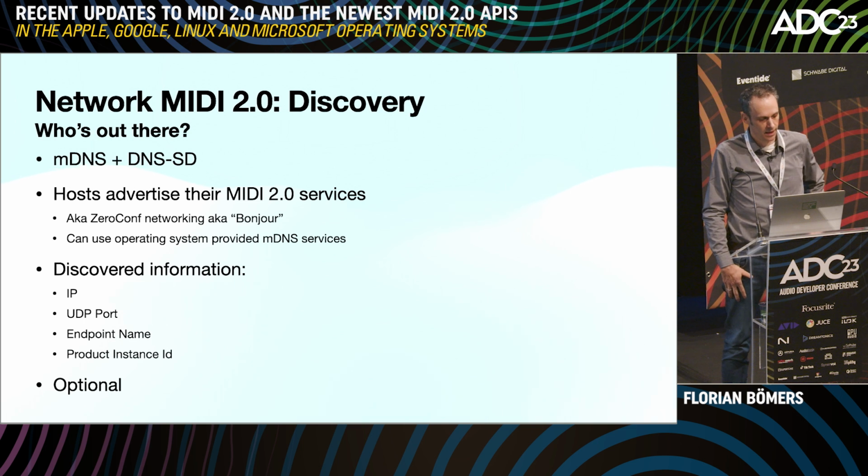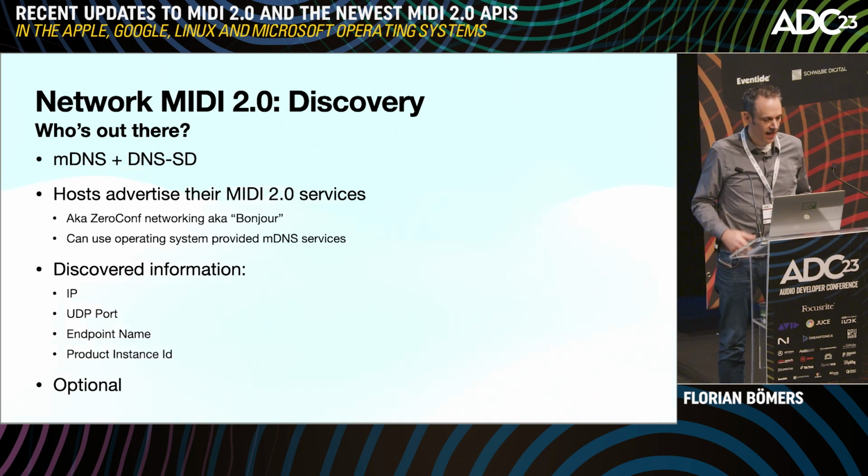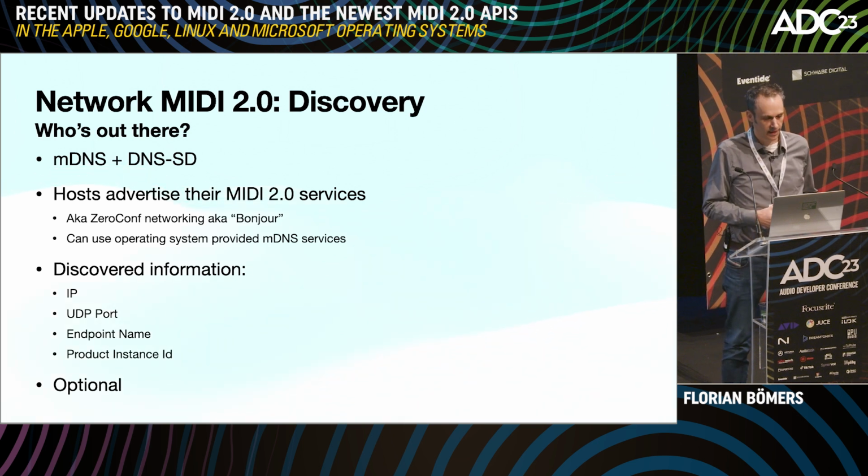For discovery, we've decided to use the standard mDNS plus DNS-SD. That's exactly the same as what is used by RTP MIDI on Apple. They call it Bonjour. This is a standard also known as zero-conf networking.